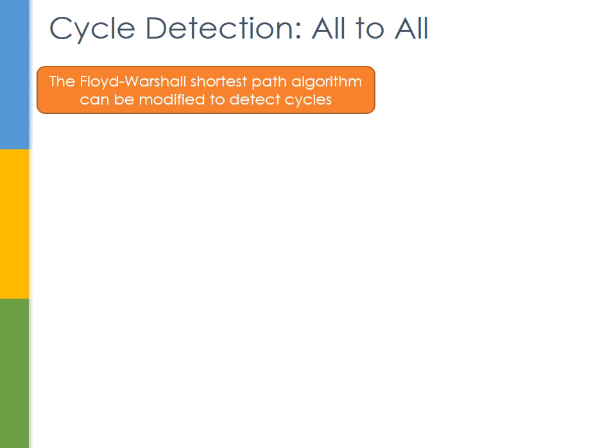And as you should recall, that algorithm is referred to as the Floyd-Warshall algorithm. If you need to revise the operation of that algorithm, I recommend that you do that at this stage. So we're essentially going to take the basic structure of the Floyd-Warshall algorithm and just slightly modify it so that it is able to detect cycles.